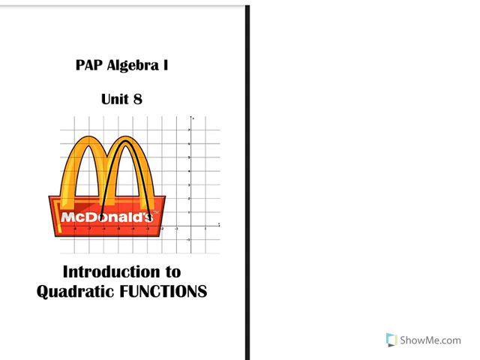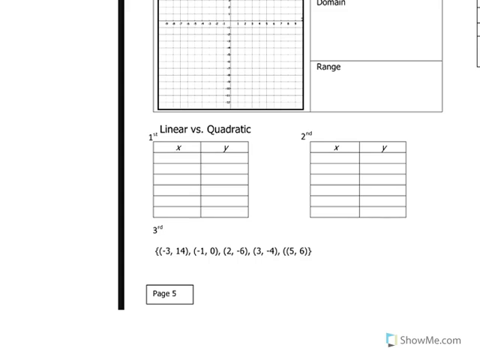Now, today I'd like you to turn to page 5 on your booklet, and we're going to look at the bottom. You've already completed the top of that page, and on this little part we are going to show you some differences between linear functions and quadratic functions. So the first thing I would like you to do is to put these points into this table that's given here.